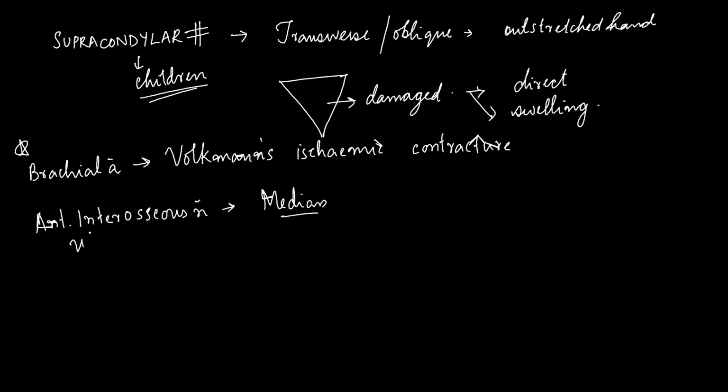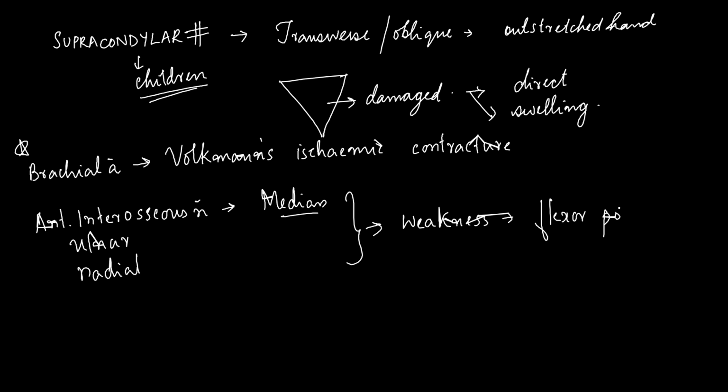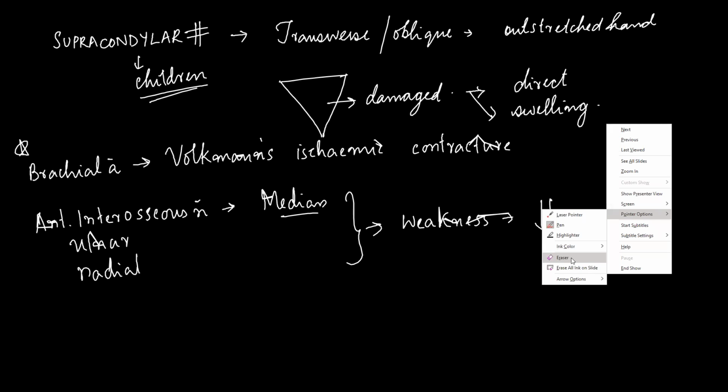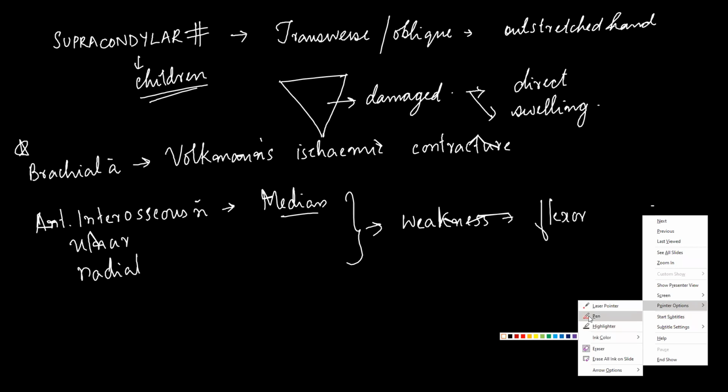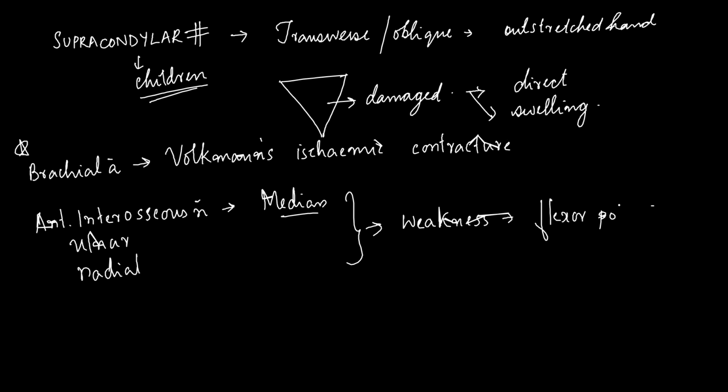Okay, and along with that, if there is a damage to the ulnar as well as the radial nerve, then there can be a weakness to the flexor pollicis longus. So this is the one which you need to know regarding the cubital fossa.